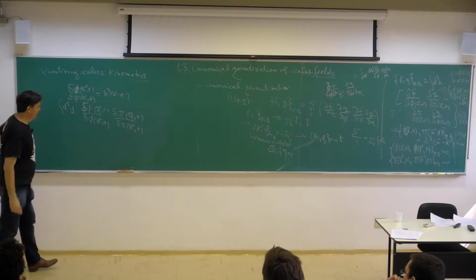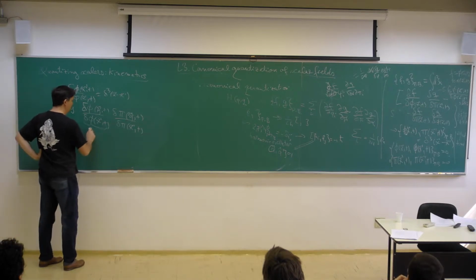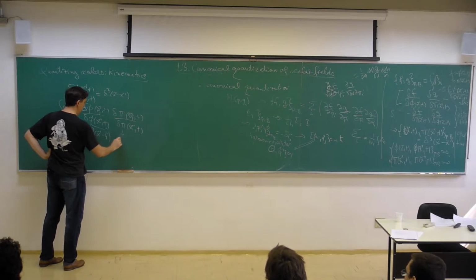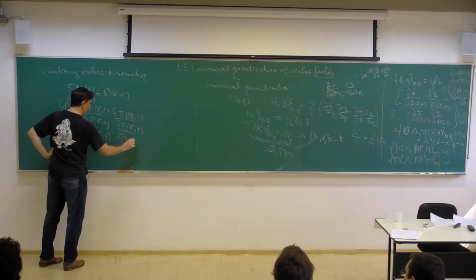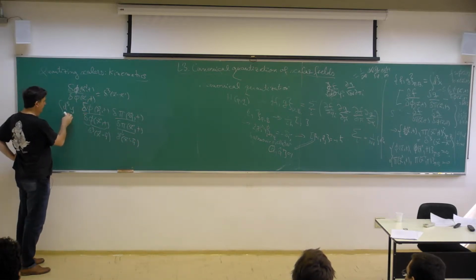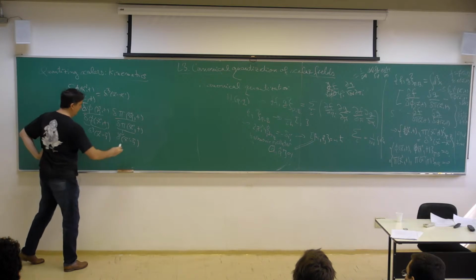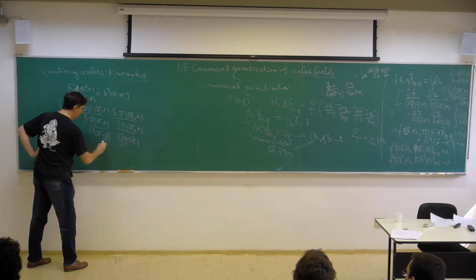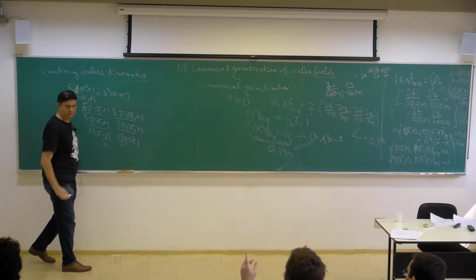That's the term I have. And I said this is delta 3 x minus y, this is delta 3 x prime minus y, and then I have integral d3y. So by cancelling that with this, I replace this with x prime, right?